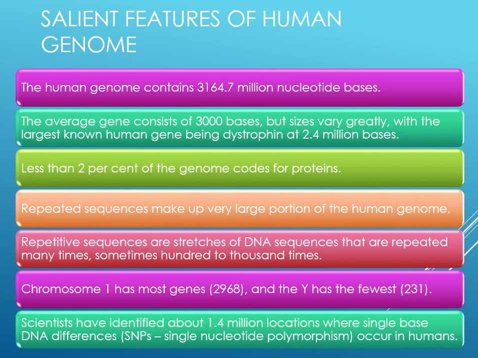Repetitive sequences are stretches of DNA sequences that are repeated many times, sometimes 100 to 1000 times. Chromosome 1 has the most genes, that is 2968, and the Y chromosome has the fewest genes, that is 231. Scientists have identified about 1.4 million locations where single-base DNA sequence differences, called SNPs or single nucleotide polymorphisms, occur in humans.